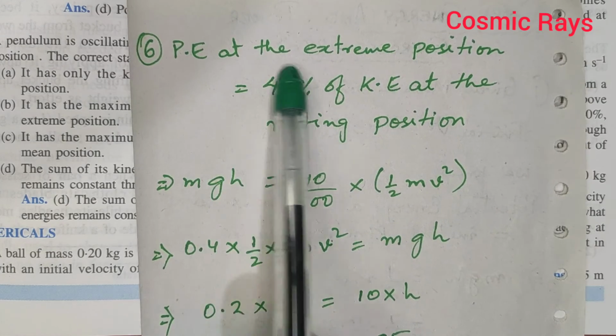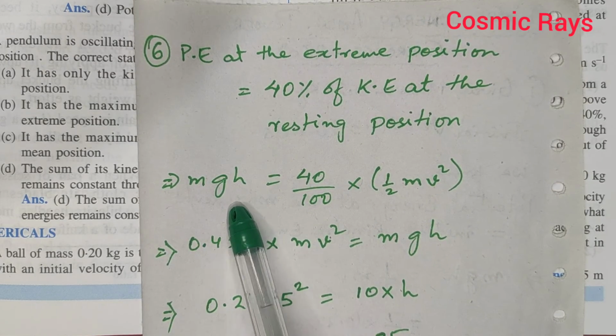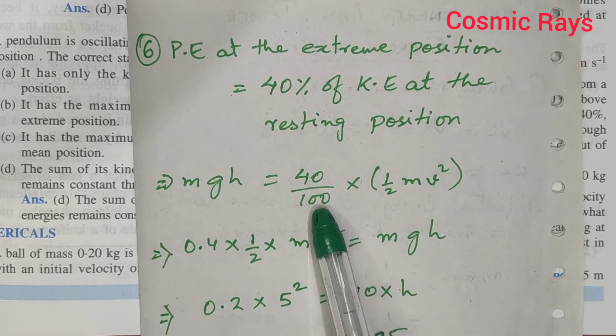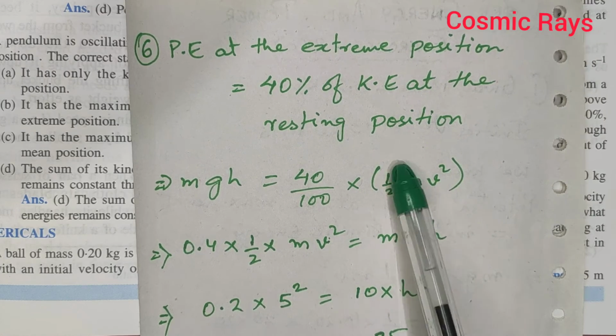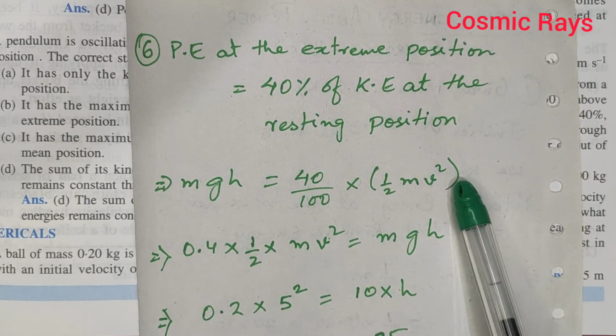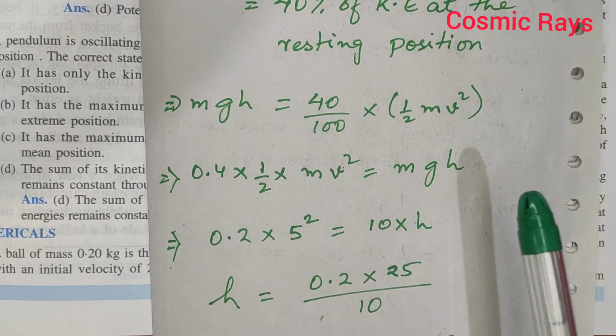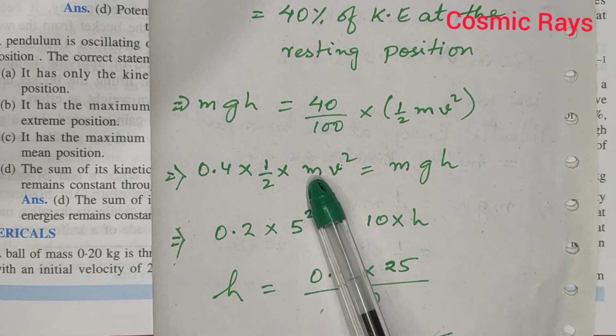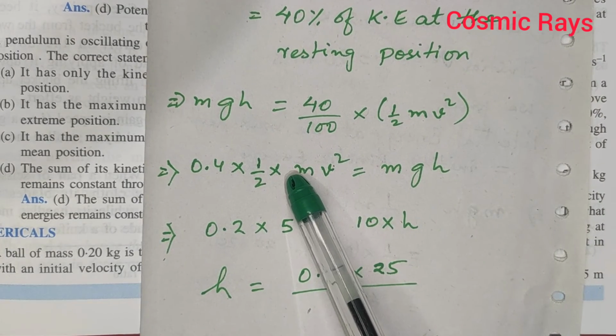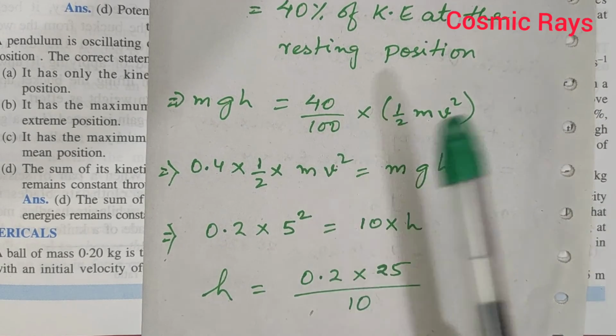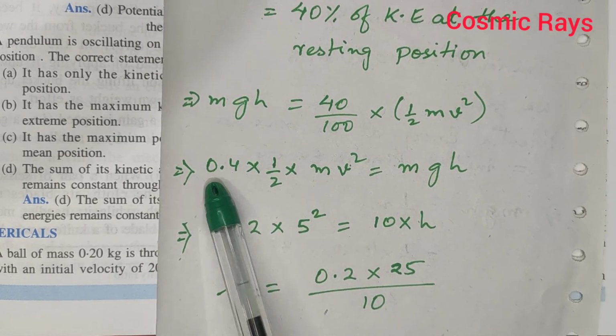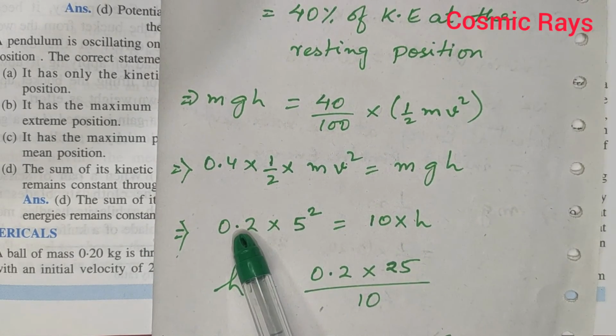So potential energy is given as mgh, that is equal to 40% of kinetic energy, which is given as half mv square. So here m and m can cancel out. So here after m and m cancel out, 0.4 divided by 2 becomes 0.2.